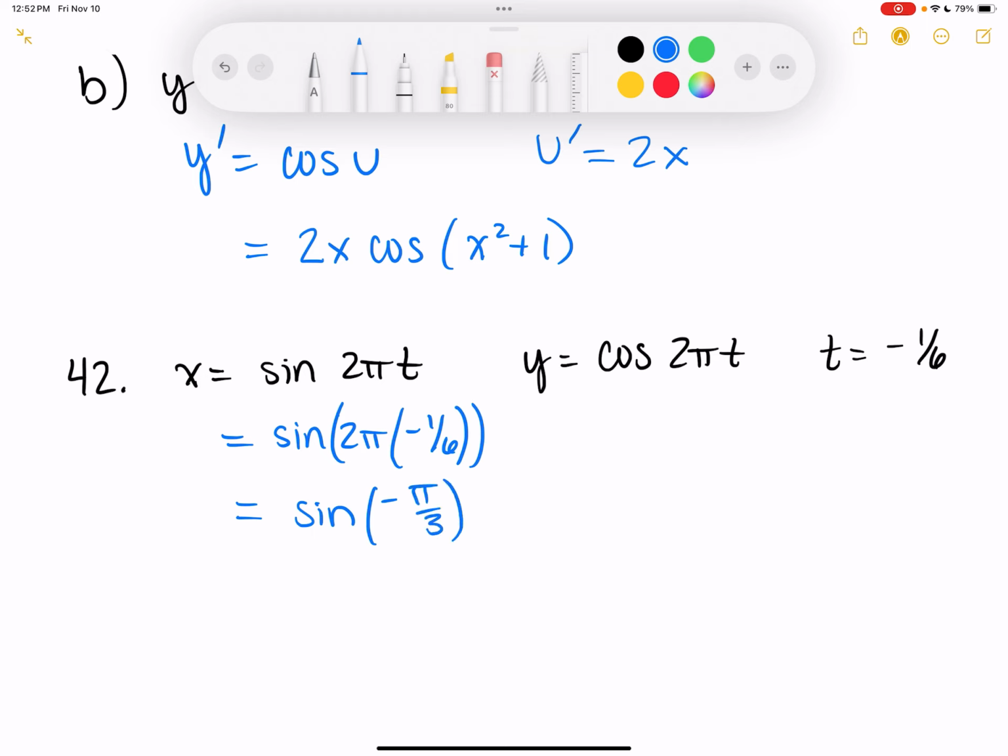And what's the sine of negative pi over 3? Negative root 3 over 2.